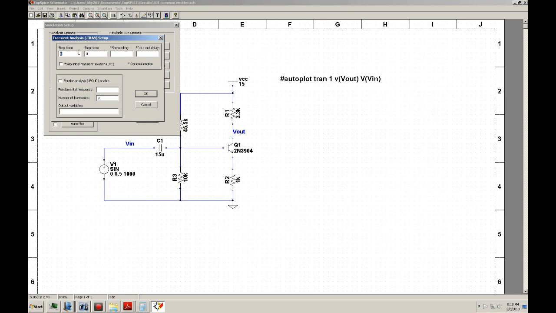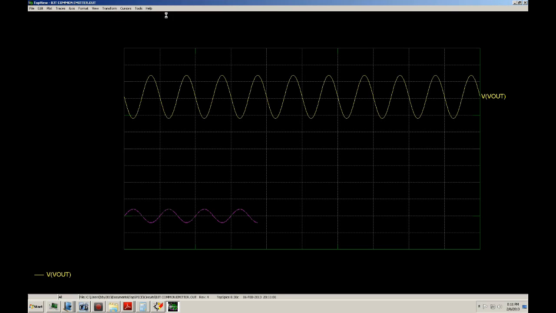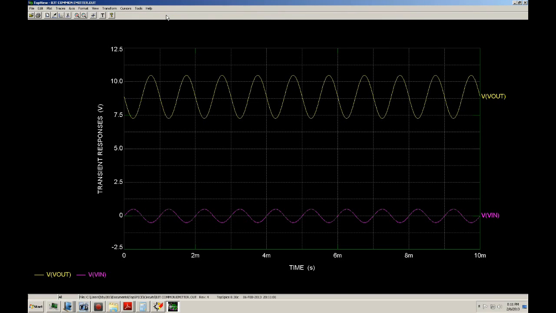No more than 10 microseconds time step. And this is kilohertz. That's a milli. So you want 10 cycles. So you want 10 milliseconds. Okay. So now we should run it. And there you go.